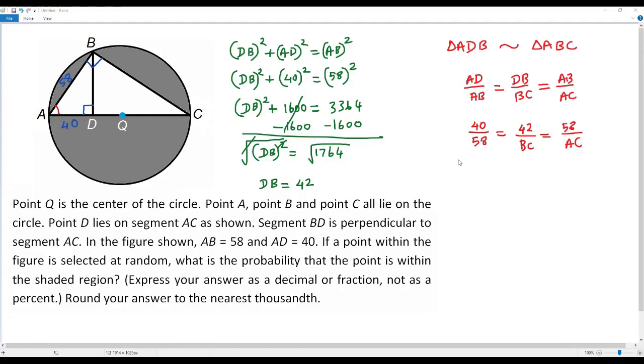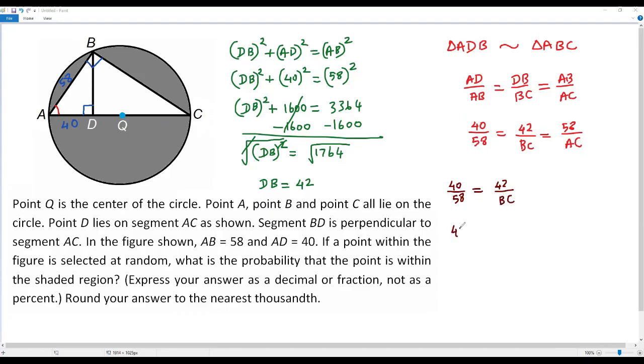When I consider the first ratio, both the quantities are known, 40 and 58. When I equate the first ratio and the second ratio, I can solve for the length of the side BC of the triangle. Okay, now let me equate the first and second ratios. Then I'm getting 40 over 58 equals to 42 over BC. Now let's do cross multiplication.